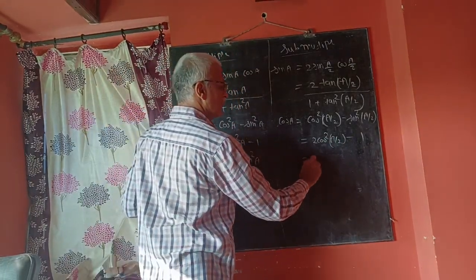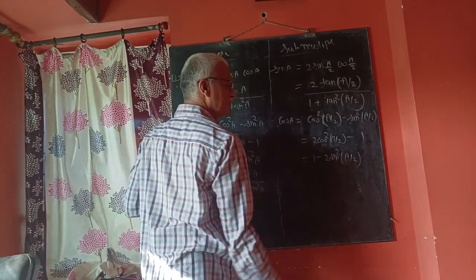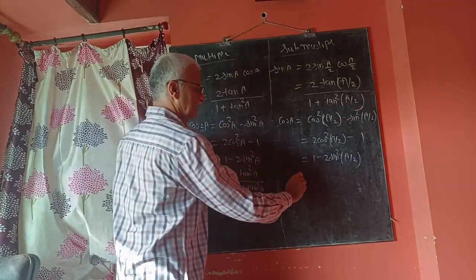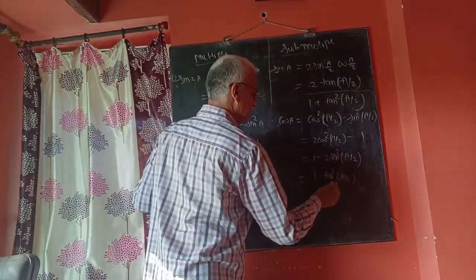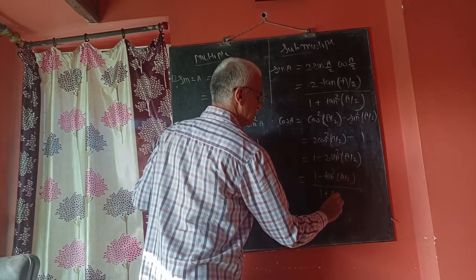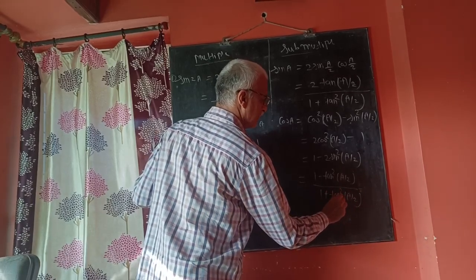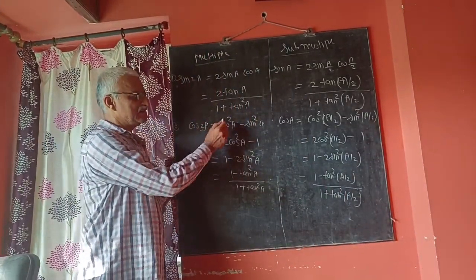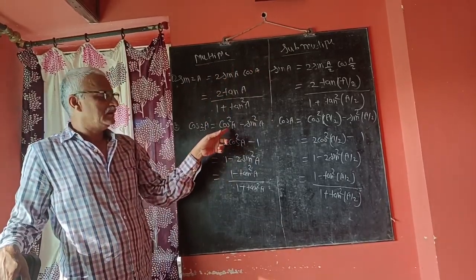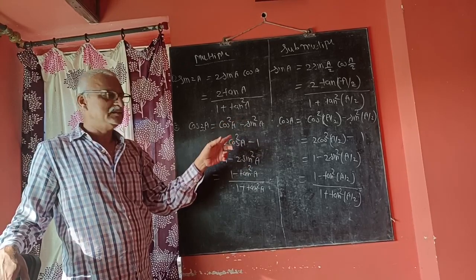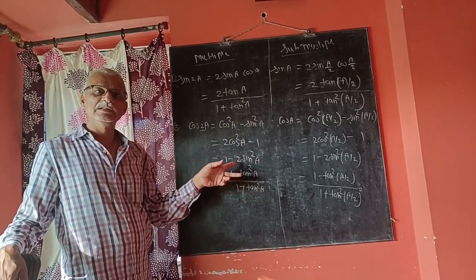Third one is 1 minus 2 sin square A by 2. Fourth will be 1 minus tan square A by 2 divided by 1 plus tan square A by 2. The terms are the same in multiple and submultiple. This is in terms of cos and sin, this is in terms of cos, this one is in terms of sin, and the last one is in terms of tan.